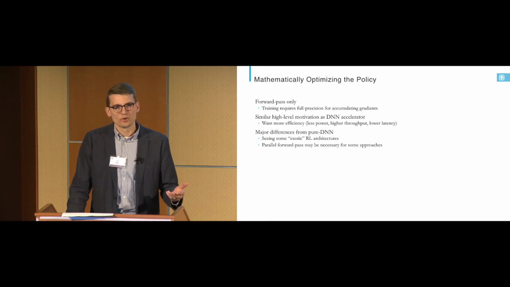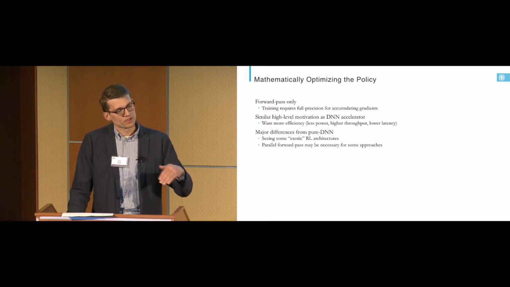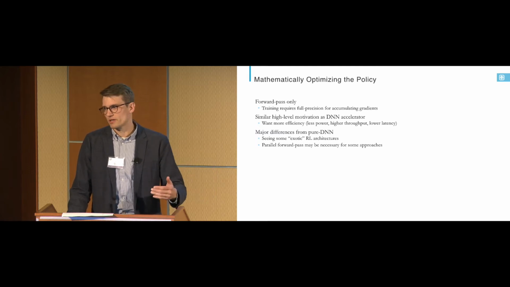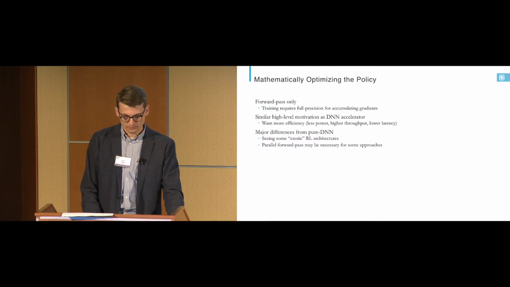If you want to use something like that in real time, you're going to need some parallelism, where you're visualizing the outcomes of many possible actions. So I think there could be some rich architectures in this space.